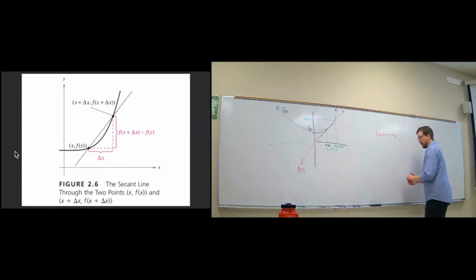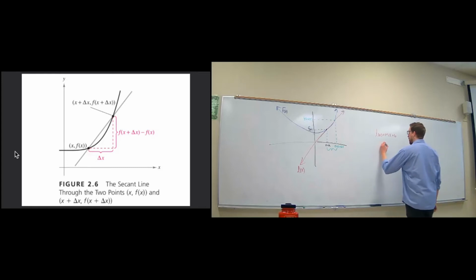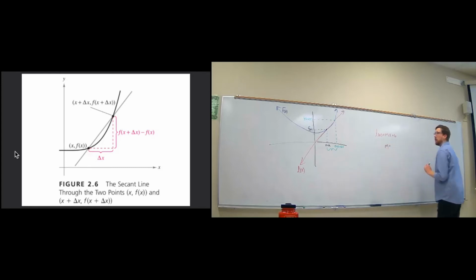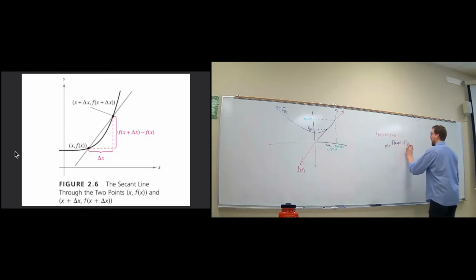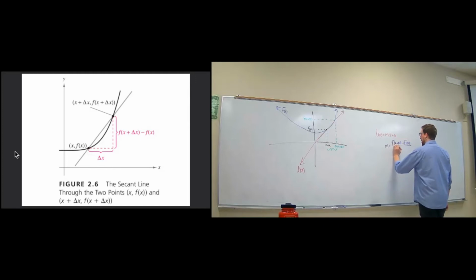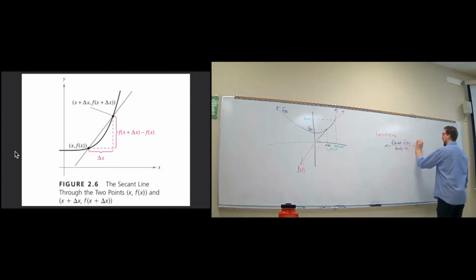M here is going to be f of a plus delta x minus f of a, divided by a plus delta x minus a, which is just equal to f of a plus delta x minus f of a divided by delta x.